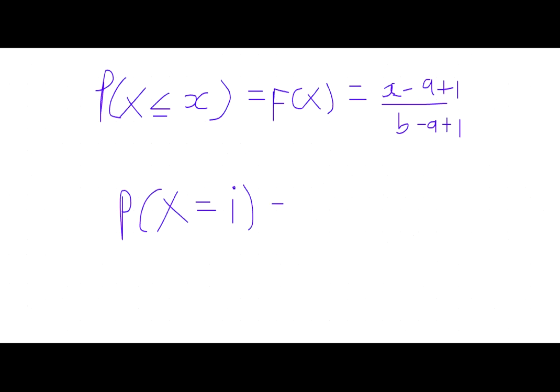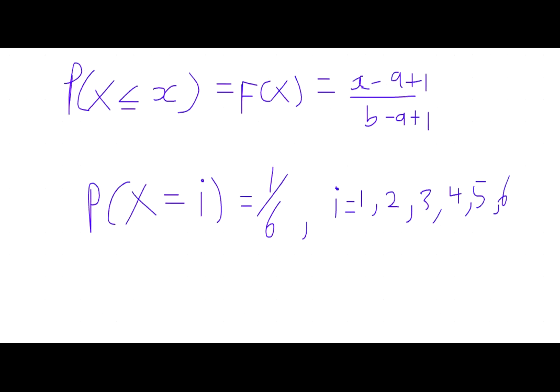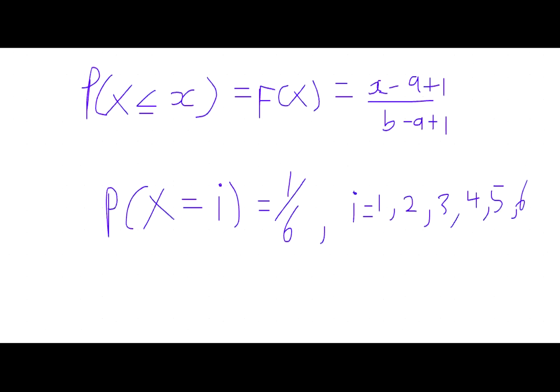That's for your fair die, where i is equal to 1, 2, 3, 4, 5, 6. So for 1 to 6, the probability is 1 over 6. Is that true? Yes, sir.